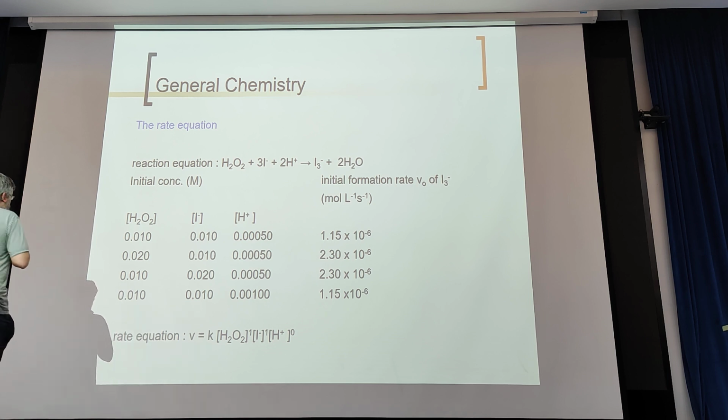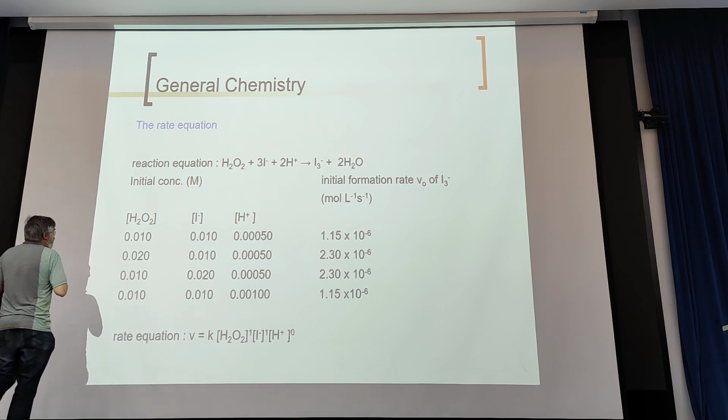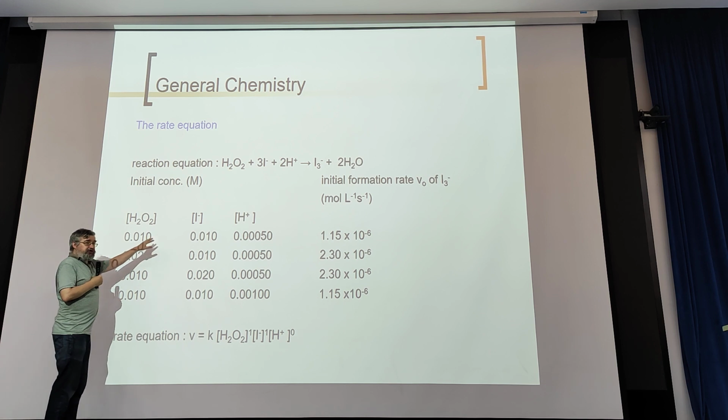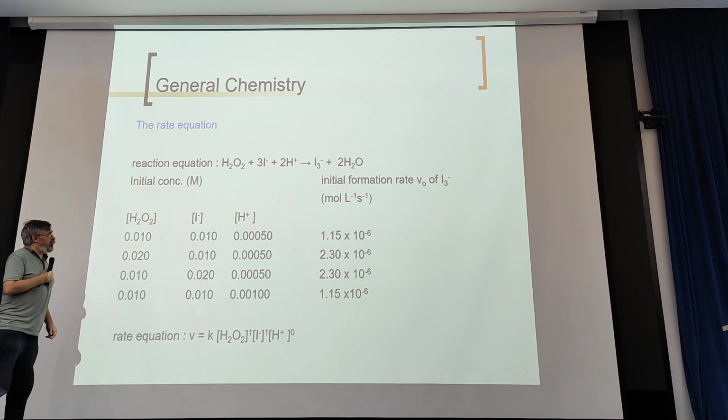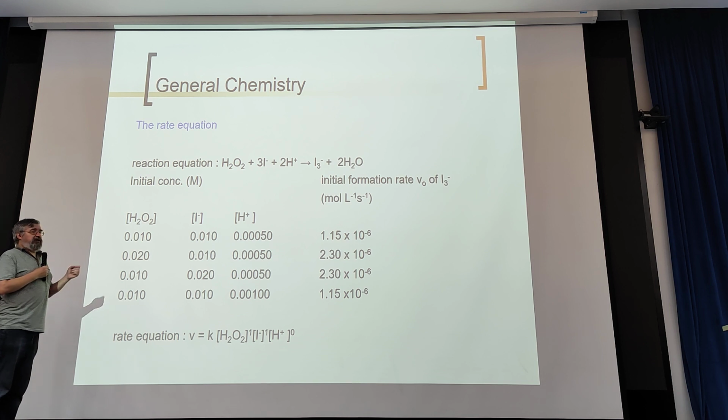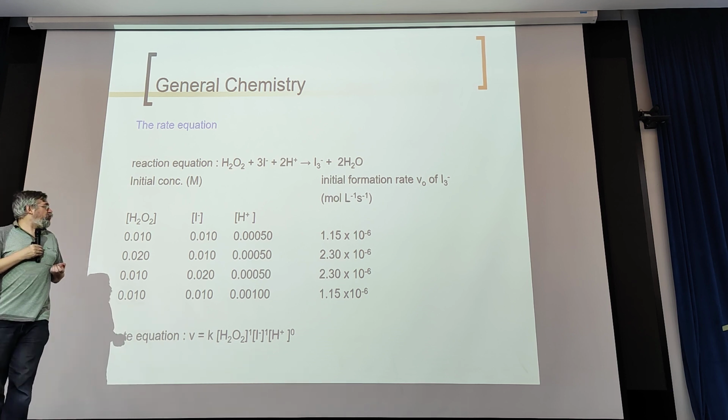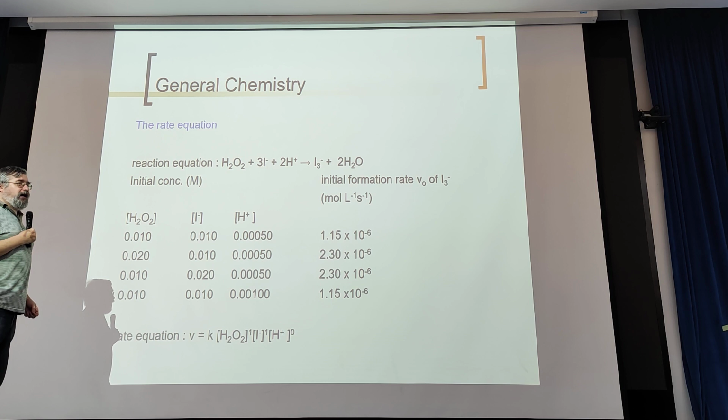Well, we can compare in this table. These are the concentrations of these reagents. You can see actually the protons, the acid, is catalytic. It's not in the same ratio as you have for the iodides and hydrogen peroxide.